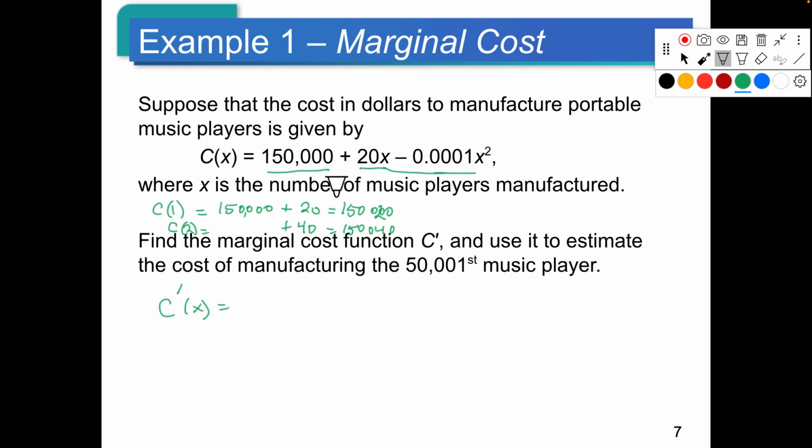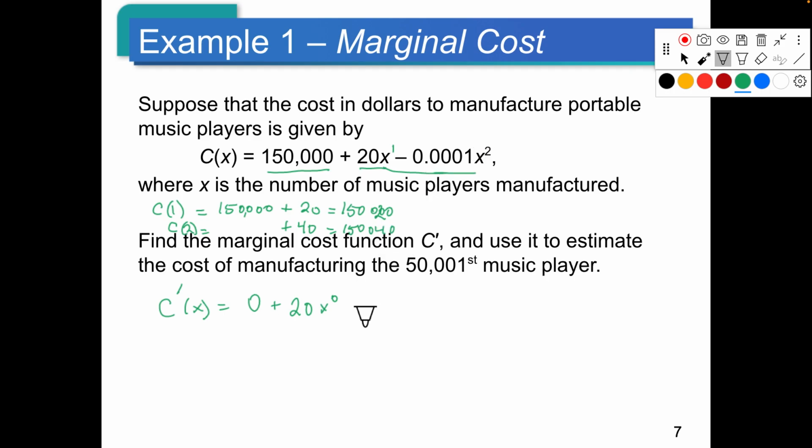Derivative of 150,000 is 0. I like this math. You've got a big number, you take its derivative, it's 0. Nothing to do. Derivative of 20x: the 1 comes down, subtract 1 from the exponent, x to the 0, which is 1, so this is just going to be 20.